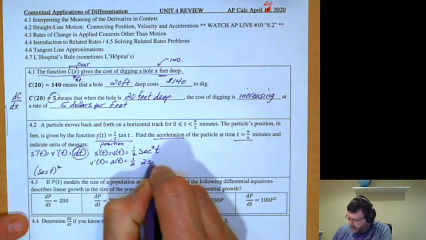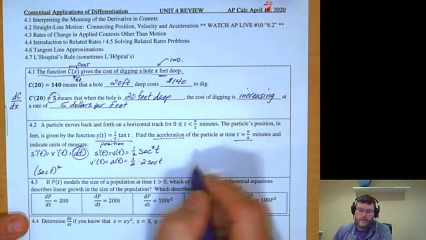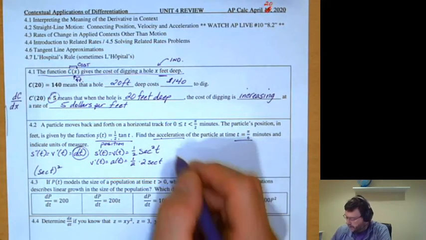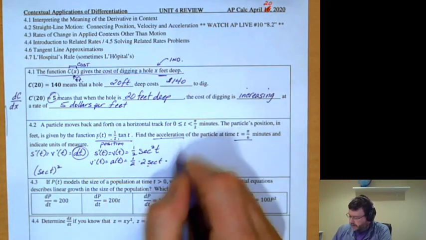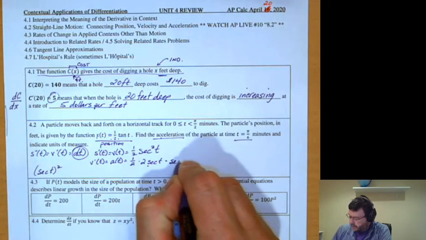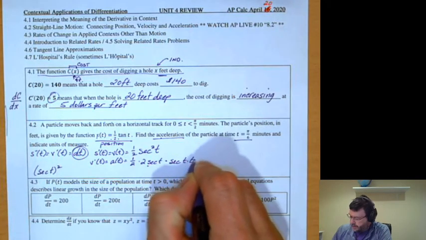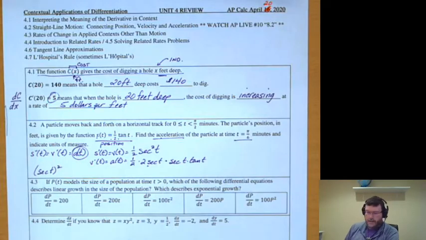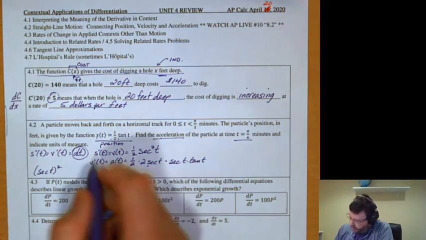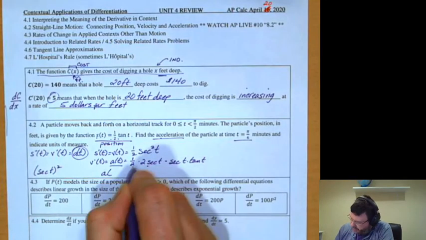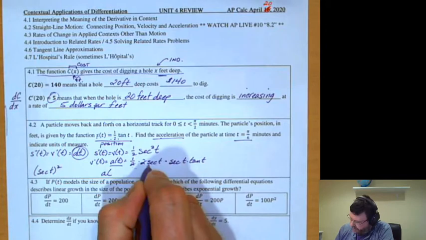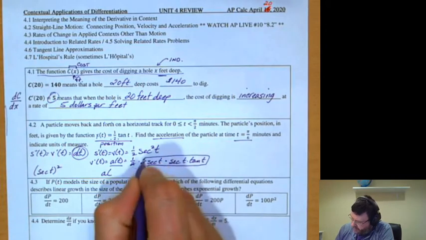I'm going to keep the function and drop the power by 1, so it goes to the power of 1. Then I'm going to multiply by the inside derivative, and the inside derivative of secant is secant t tangent t. There's my function. I can cancel out the 2, and I'm really left with this part right there.